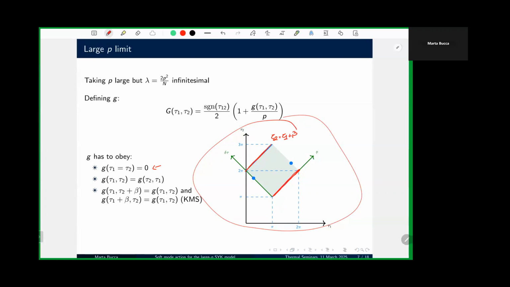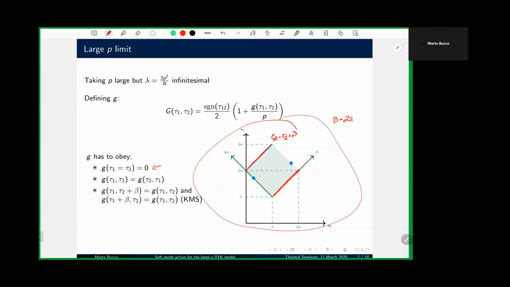Oh, and I should mention that in this graph you just see pi and 2 pi. This is because we've set beta to be equal to 2 pi. This is something you're always allowed to do, and then once you want to rewrite beta into your equations and into your theory, you can simply do so by performing dimensional analysis.